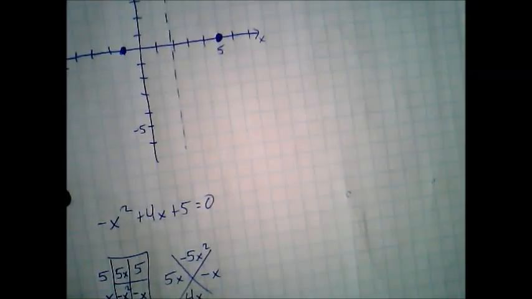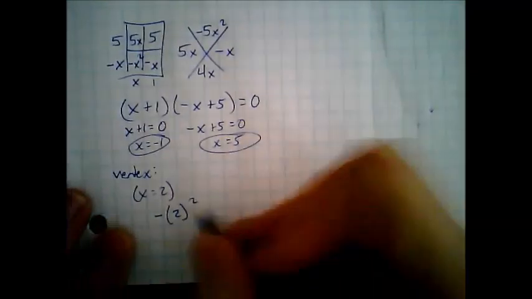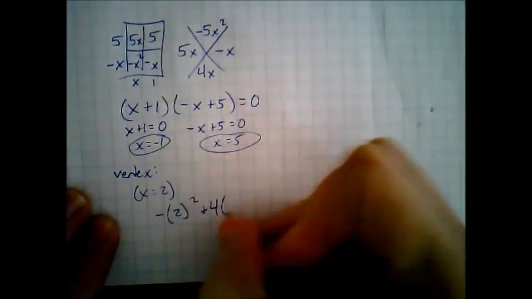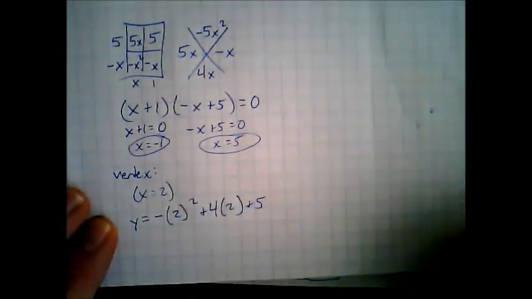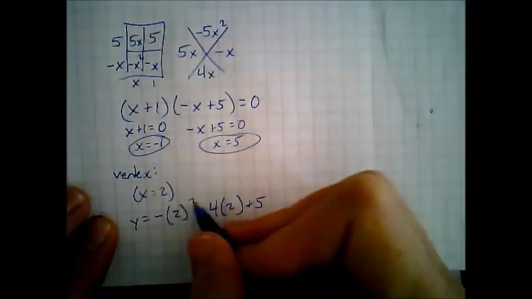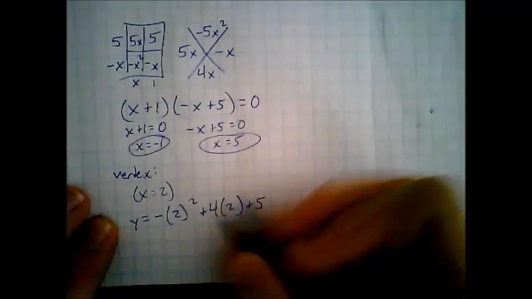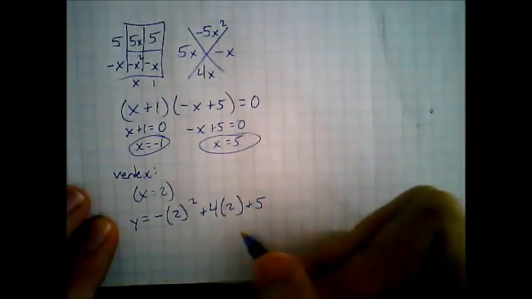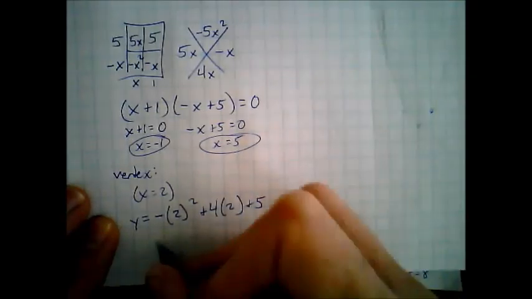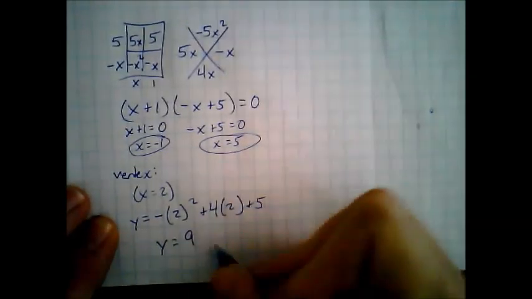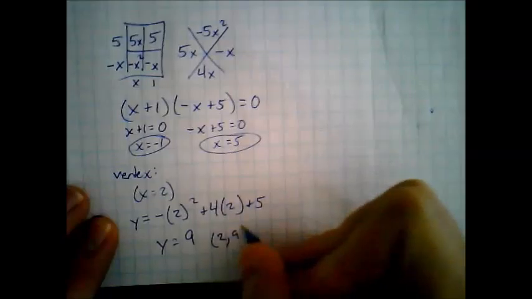So we have the opposite of 2 squared plus 4 times 2 plus 5. This is going to give us our y. 2 squared is 4. Make it negative, negative 4. Negative 4 plus 8 is 4. Plus 5 is 9. So our vertex is the point 2, 9.